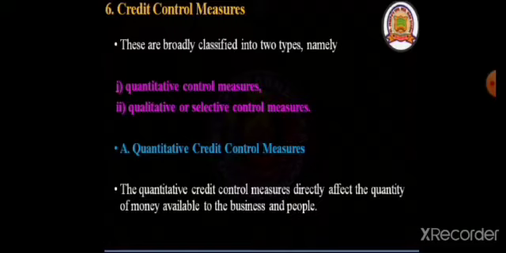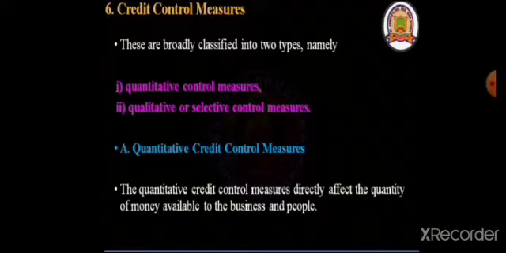Quantitative credit control measures are designed to regulate or control the volume of credit created by the banking system in our country, whereas qualitative credit control measures are designed to regulate the flow of credit in specific uses.